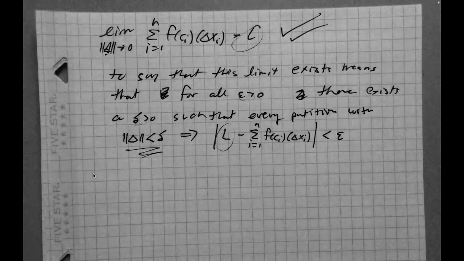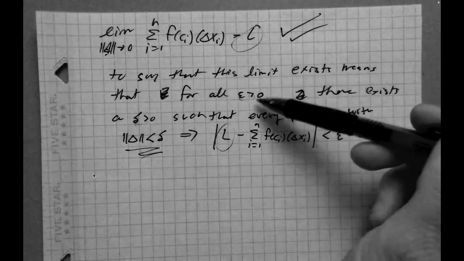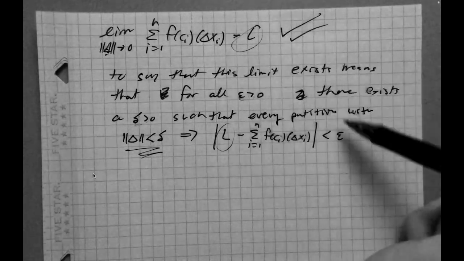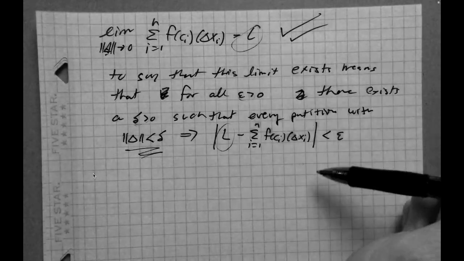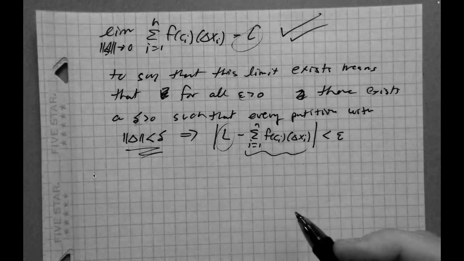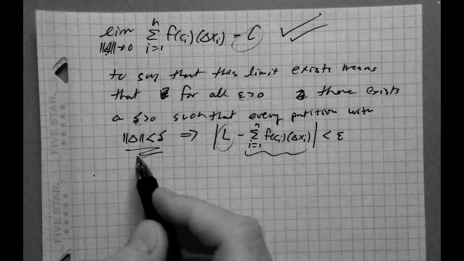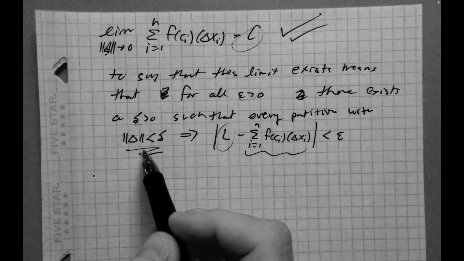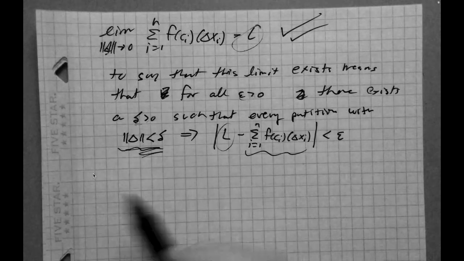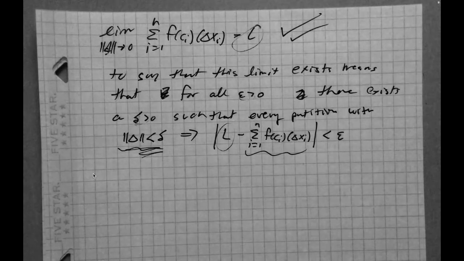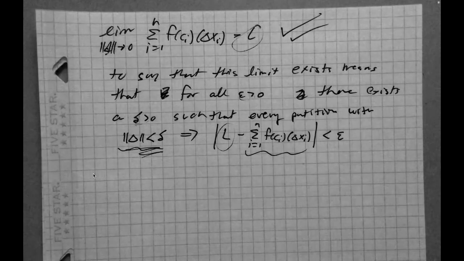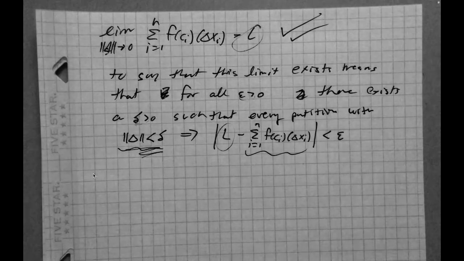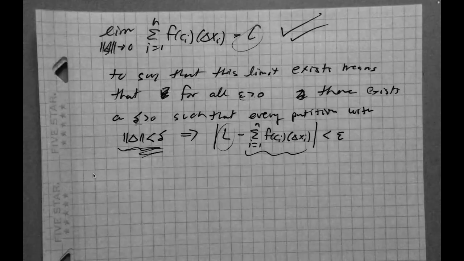Now, it's similar to the epsilon delta proofs that we saw back in Calculus 1. Of course, it's more complex because it involves a Riemann sum, and not just being within delta of a particular point, but instead having the norm of an entire partition be less than a certain delta.